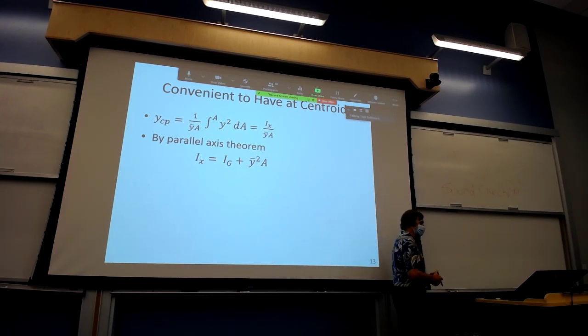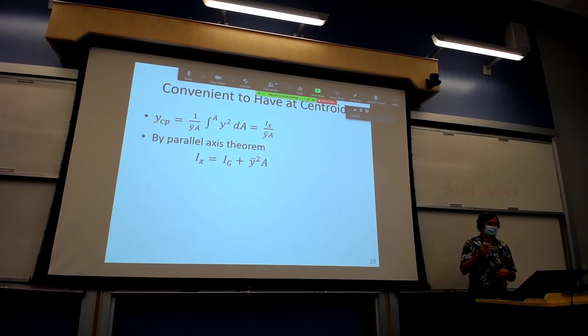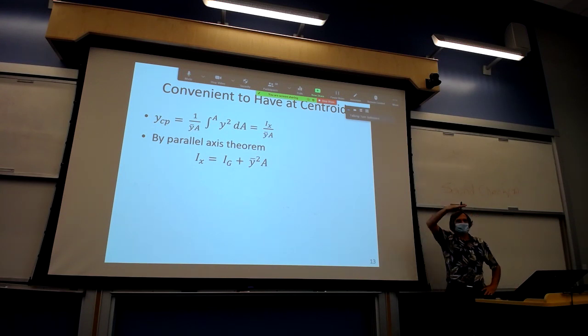The equation we developed last time was that the moment of inertia about any arbitrary x-axis is equal to the moment of inertia about the centroid plus the distance from that arbitrary x-axis to the centroid squared times the area. On our definition sketch, remember, the x-axis was at the free surface.